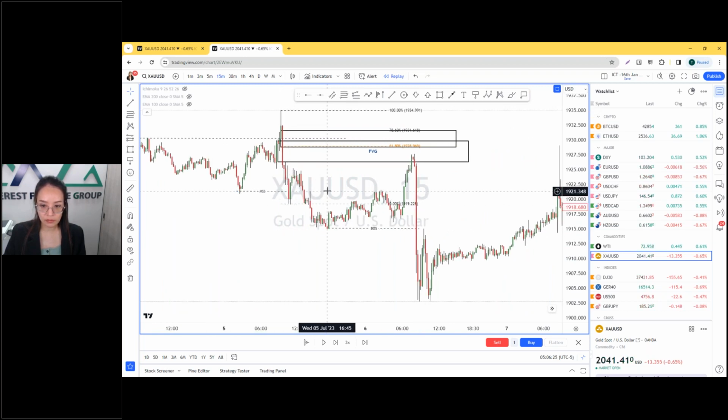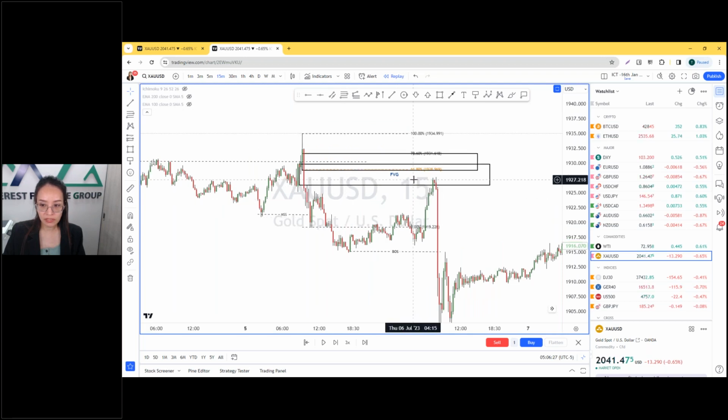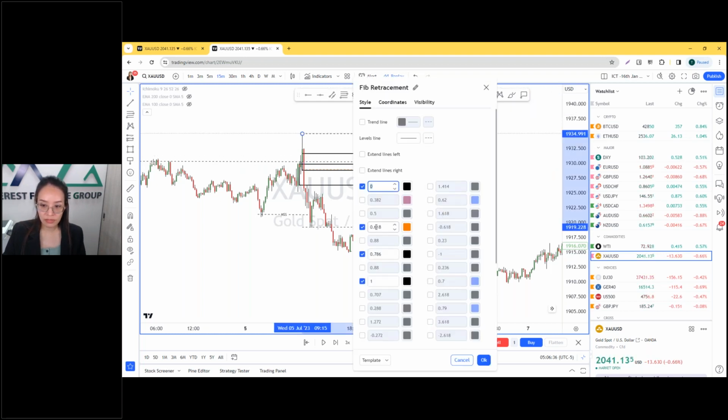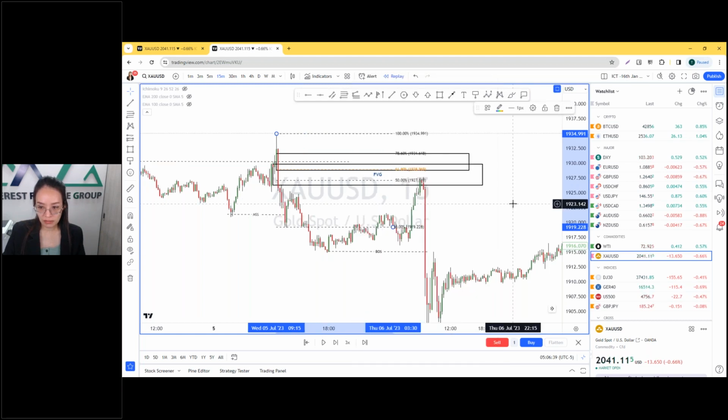After that you just wait for the optimal entry, which is 61.8 or 78.6, but sometimes I do add 50% as well, because I use many strategies combined into one. So if you use 50, 61 or 78.6, because if you study Fibonacci, there is a premium or discount zone, right?